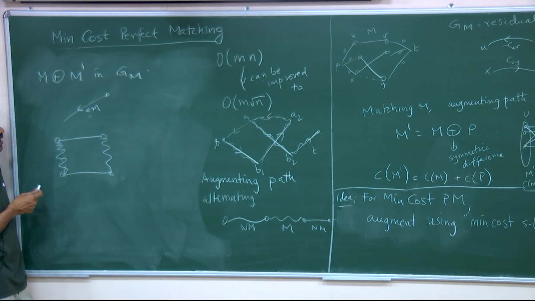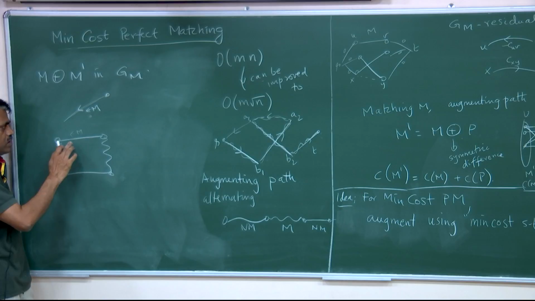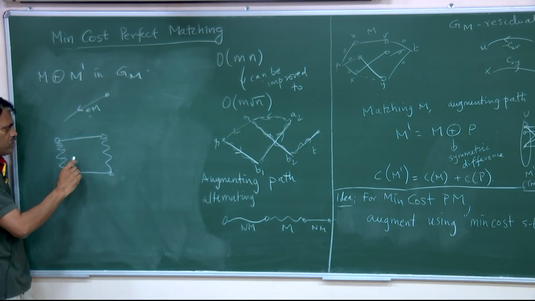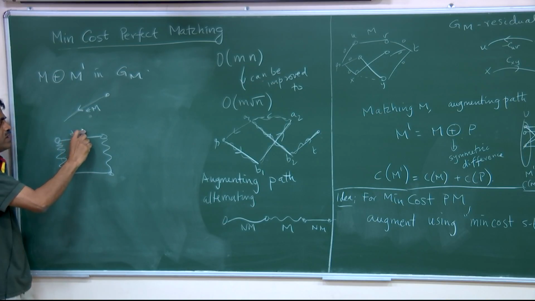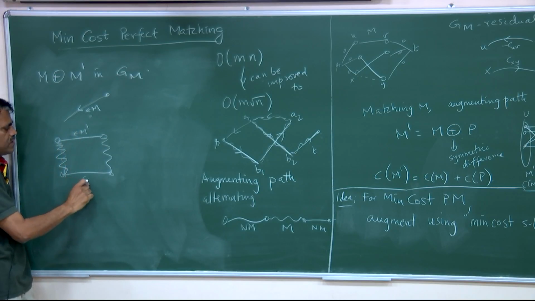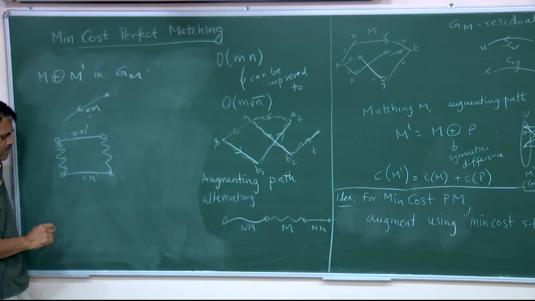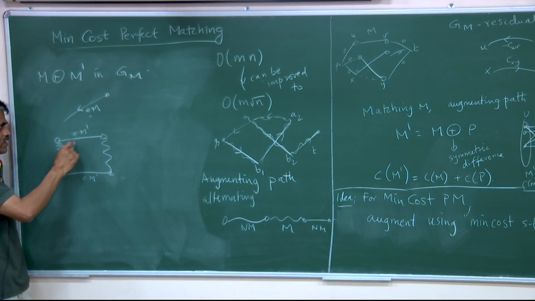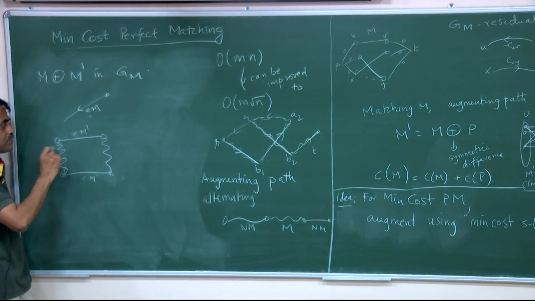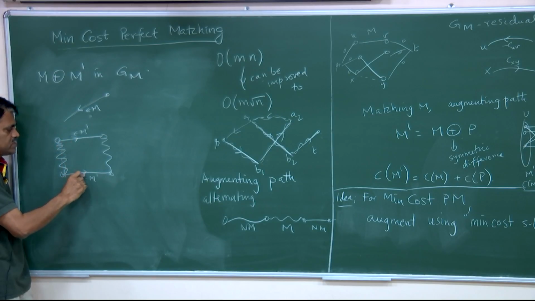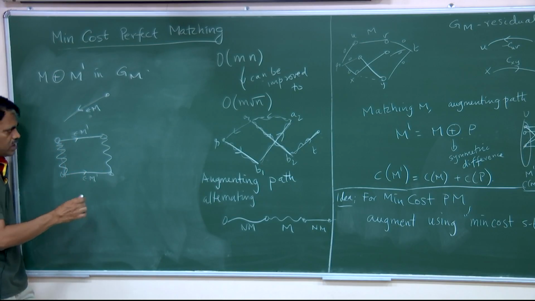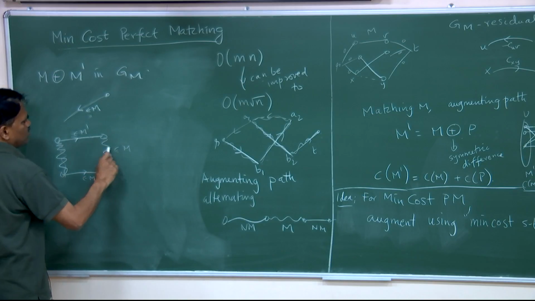Let's say this is in M, and this is M prime, and this is M prime. Then M prime edges which are not in M will be in the forward direction in GM.